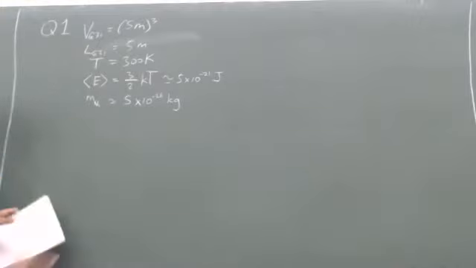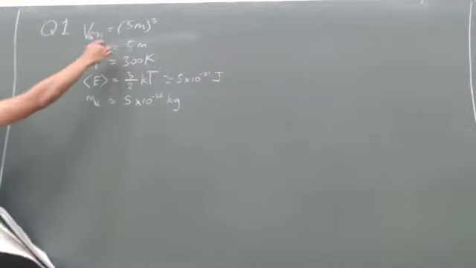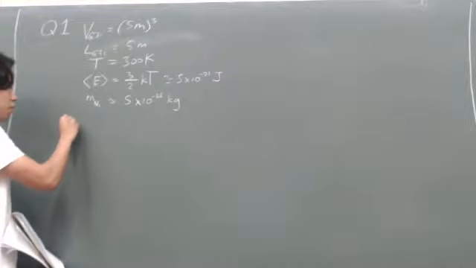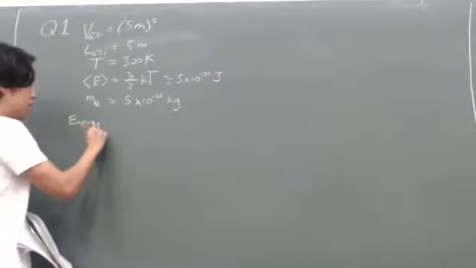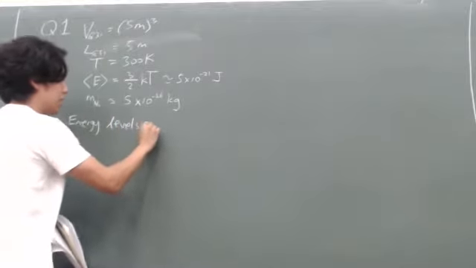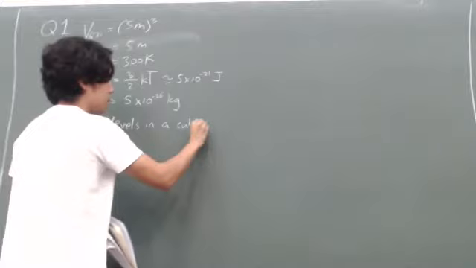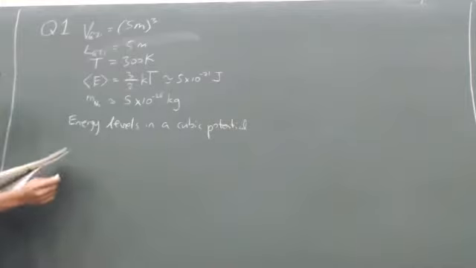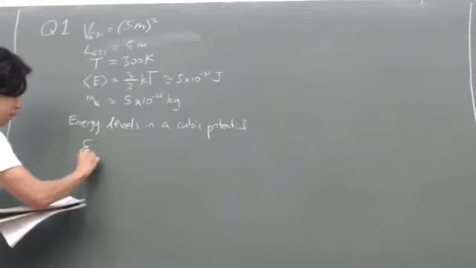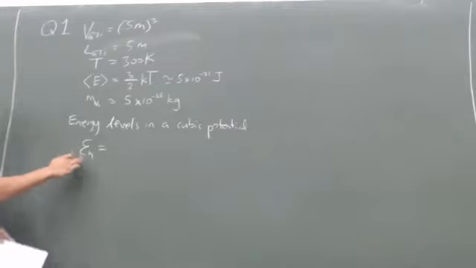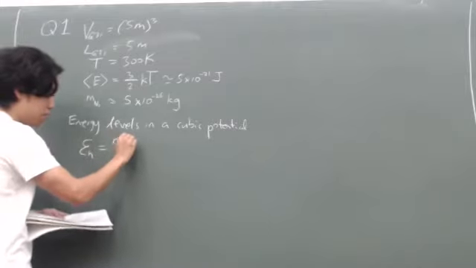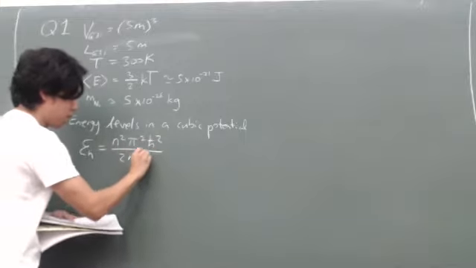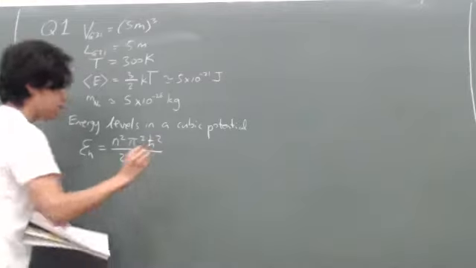Now for calculating the actual energy levels, we're considering a room that's roughly cubic in size. So we consider the energy levels from quantum mechanics, energy levels in a cubic potential. Recall from, I don't know, 30 QM, epsilon n, the nth level energy, is equal to n squared pi squared h bar squared over 2 m L squared.